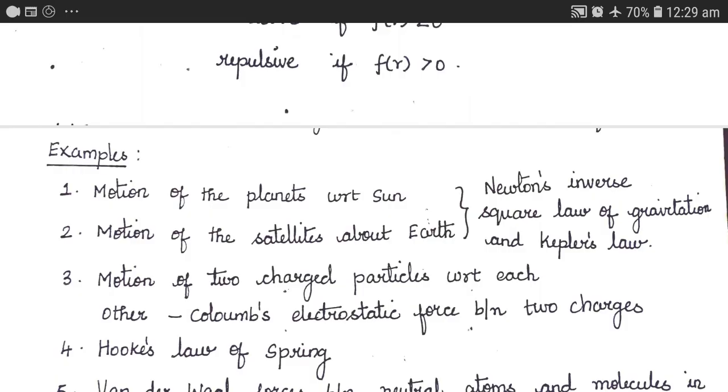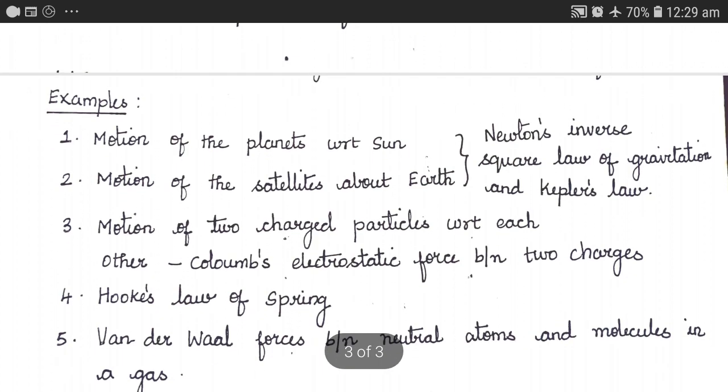Hence, we have a central force playing a role here. And the motion of the satellites about Earth. So, we can generalize these as Newton's inverse square law of gravitation, and the motion of the planets with respect to the sun is all governed by Kepler's laws.